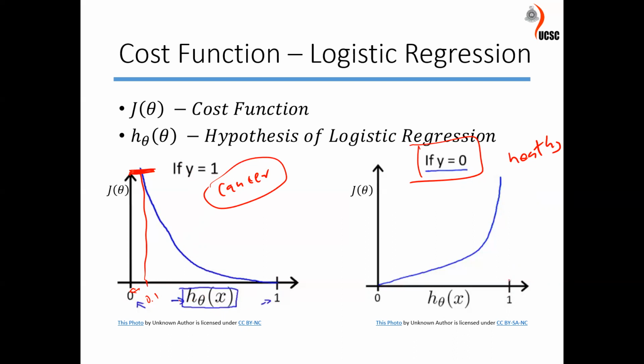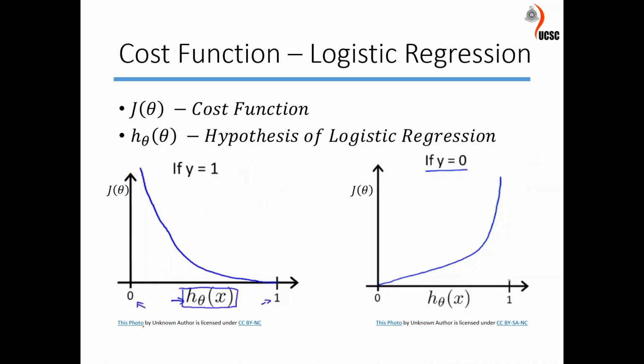That means it's kind of near to a healthy cell. But that triggers our cost function. That basically tells that your prediction is incorrect. Why? Your cost is high. Your cost function gives this much of cost. That basically means that's not the correct prediction.